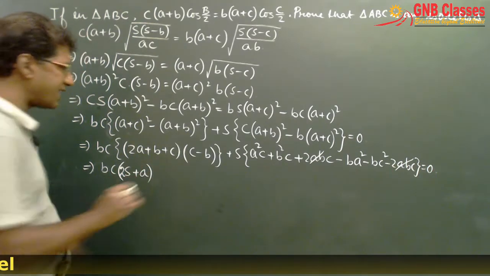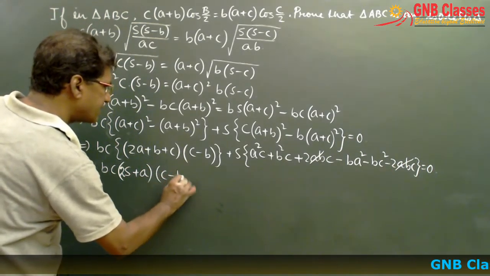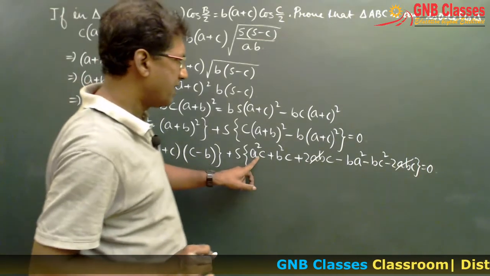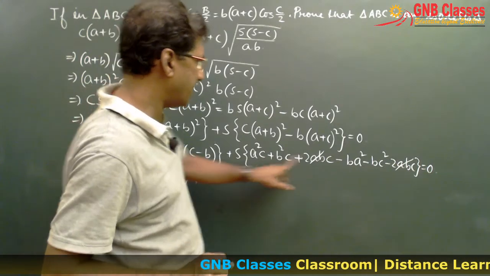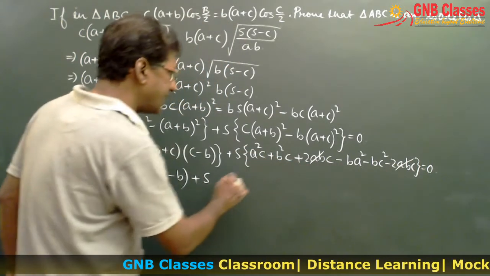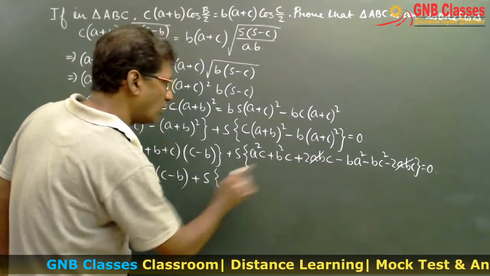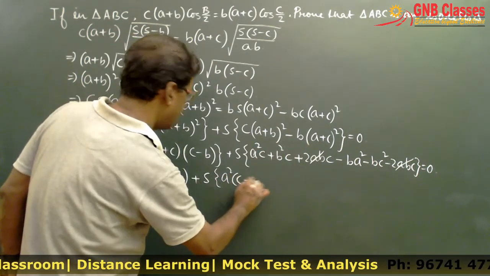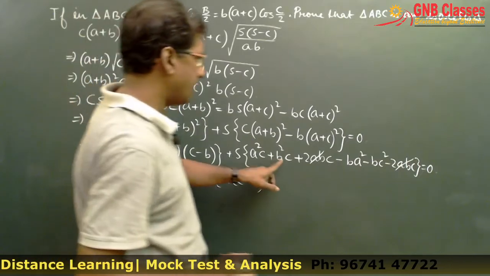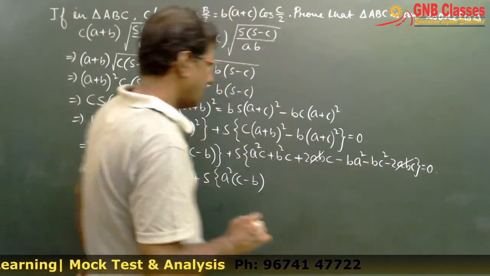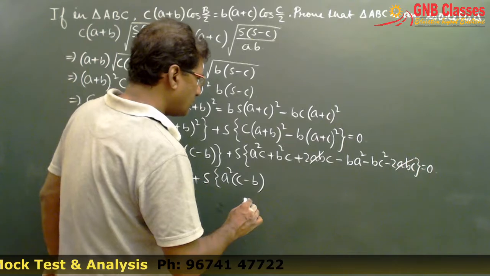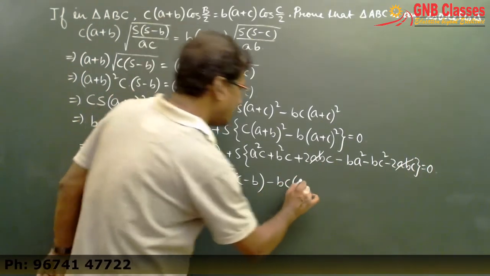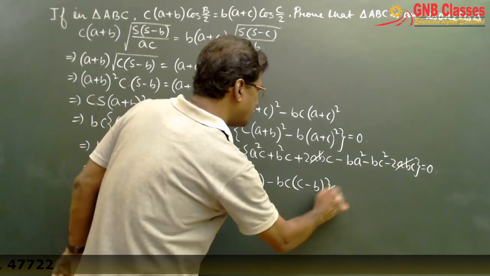So it is 2s plus a into c minus b plus s times a square c, and we are having here a square b. So if we take a square from here, so we are getting what? It's c minus b, right? C minus b. And from here, if we take BC common, so we are having minus BC common, so we are having C minus B again, right? Which is equals to 0.